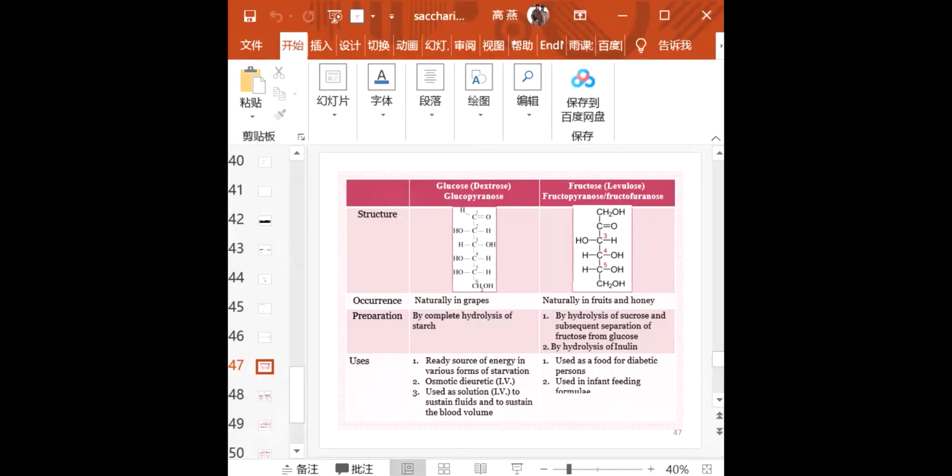Okay, so how is glucose prepared? It's actually prepared by complete hydrolysis of starch. And please pay attention, it's by complete hydrolysis, okay? If it's incomplete, then we get other things that we will talk about in just a few minutes, okay?